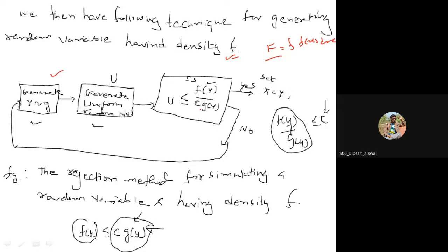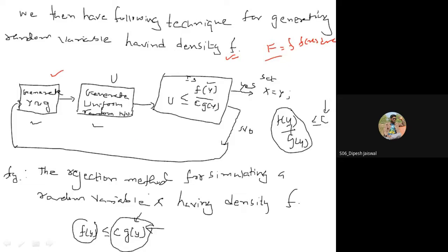Now what is c? c should be obtained in such a way that the ratio f(y) upon g(y) is maximum. So you write the function forms of f and g, take the ratio, take the first derivative, equate it to 0 at a given value of y, and whatever value you obtain for f(y) upon g(y) at that y, that value is c.